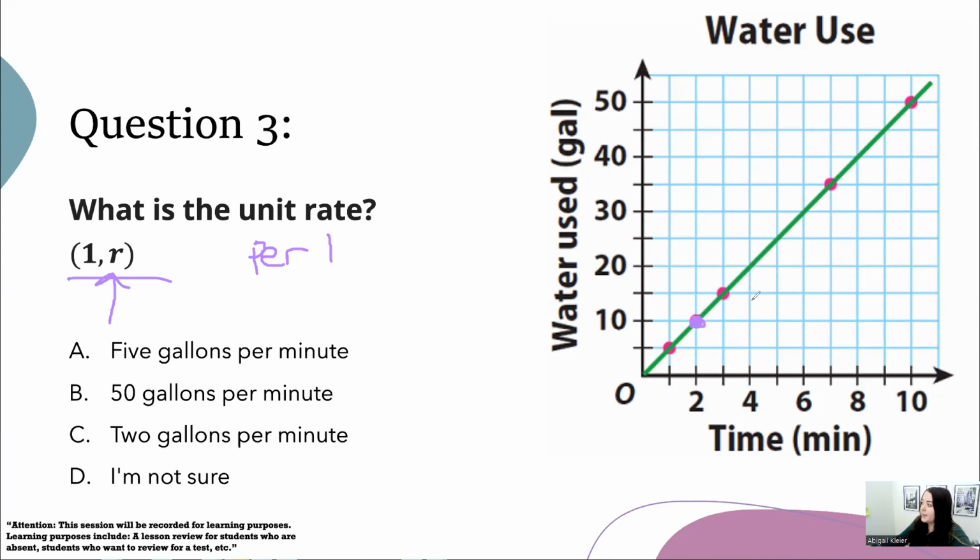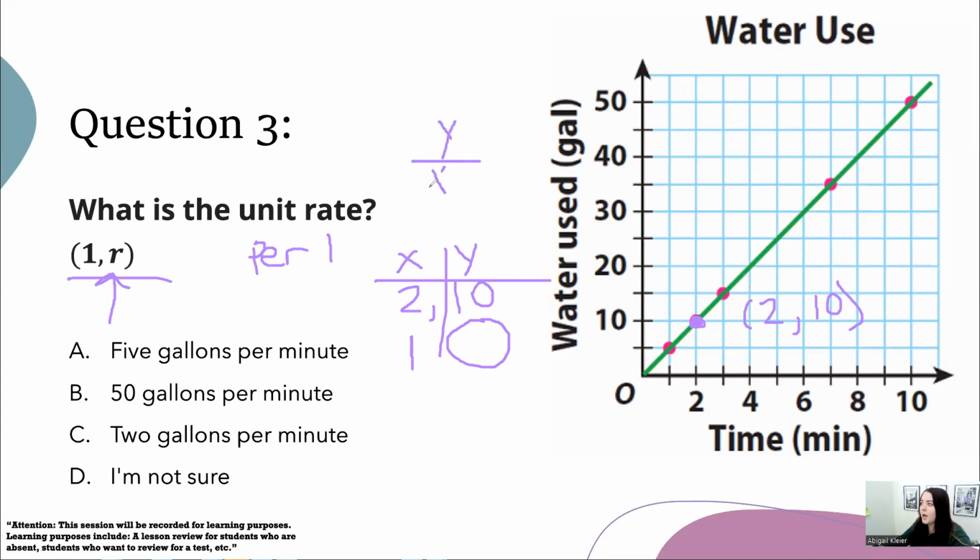It says that my x value is 2 and my y value is 10. I need to figure out what is the value of y when the x value is 1. So I'm going to look for what's the constant of proportionality here.